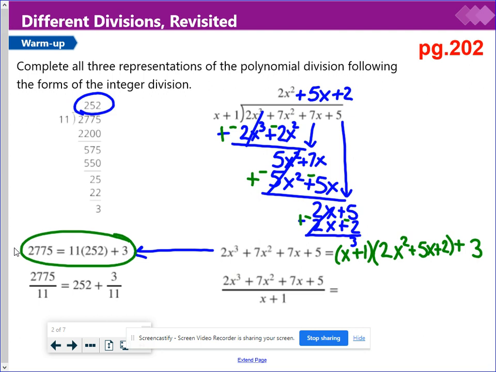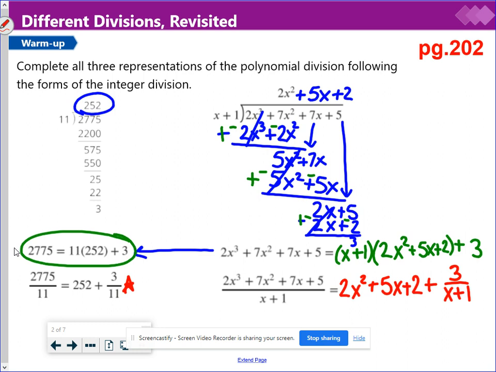And for the third one, when we've got that division, again, we shouldn't have to show that same long division. It's exactly what we have up on the top. But when we got that division and we know what that long division is, and I want to show my remainder part the same way that I did over here, I'm going to have this written out as 2x squared plus 5x plus 2, and then that remainder of 3 I would have as 3 over the divisor, which was x plus 1.